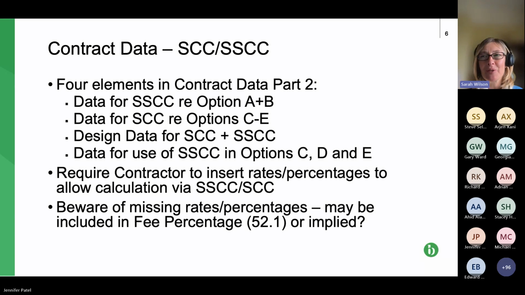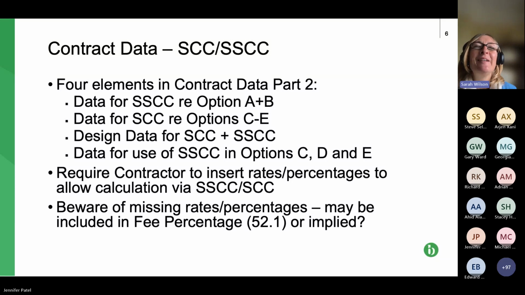So if you're a contractor or a subcontractor, if you're not familiar with NEC, I suspect you'll immediately be thinking that you understand what things you'll be required to fill in for contract data part 2, and obviously business name, price, but also lots of items for the purpose of pricing either the works or compensation events, depending on which contract you're working under. So there are 4 elements in the contract data part 2 that need to be completed depending on which form of contract is being used.